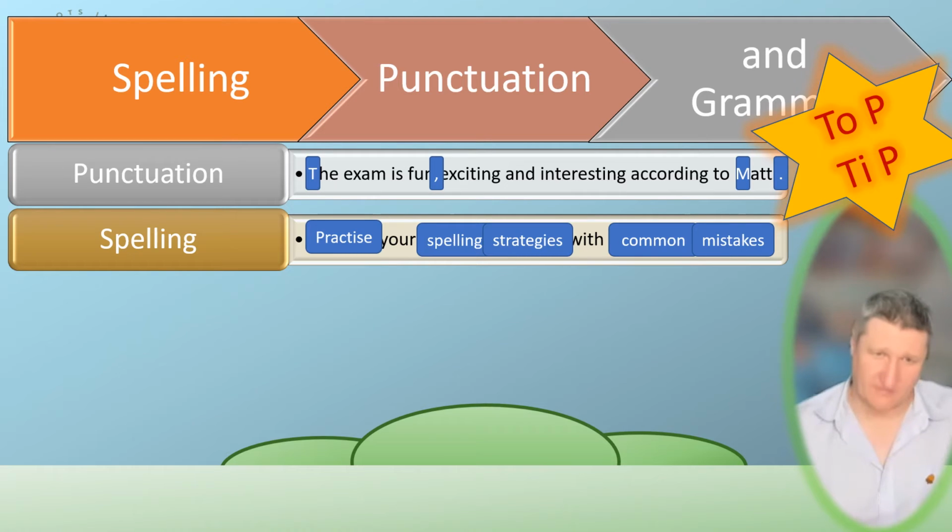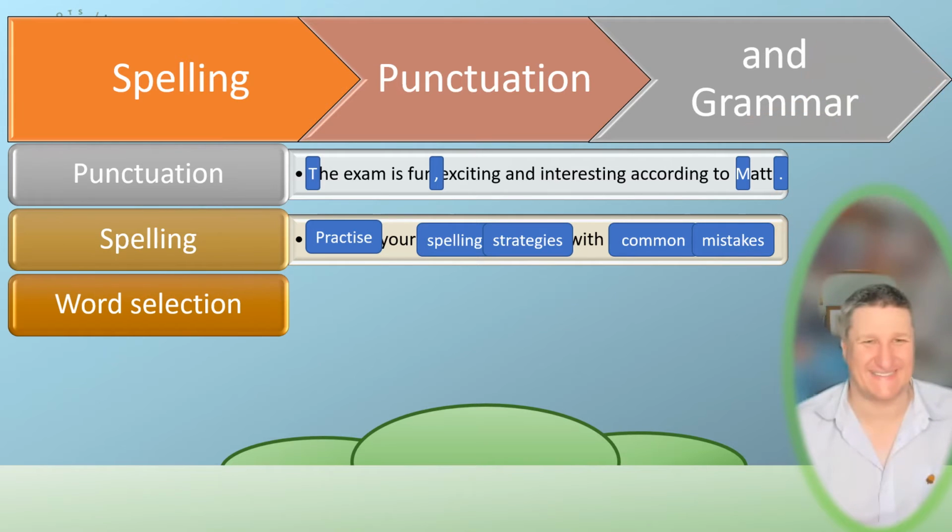Okay. These are the types of spelling mistakes that you would get in the exam. You will have a whole paragraph to mark, and you just go through it and make sure you got the right spelling. The next exercise is a word selection exercise.